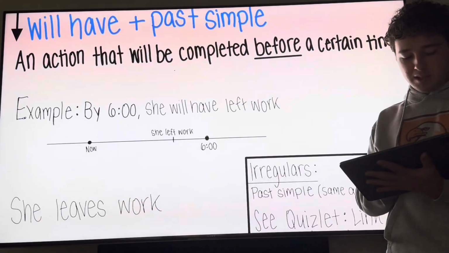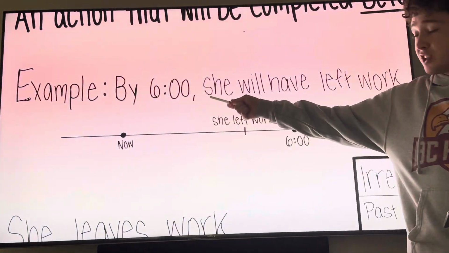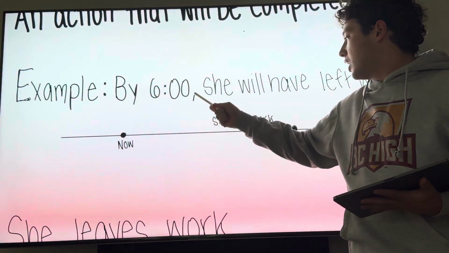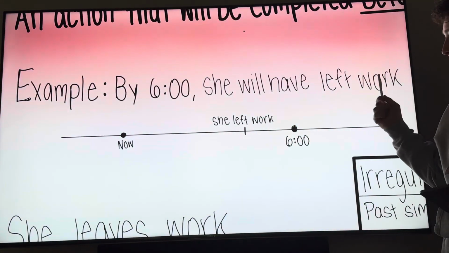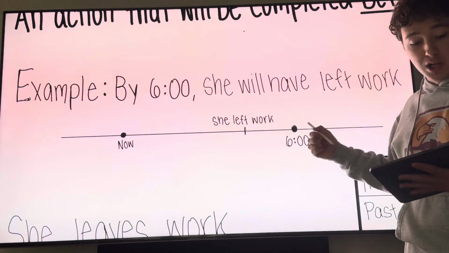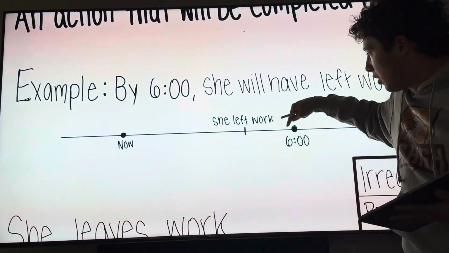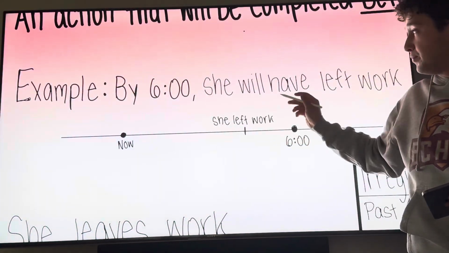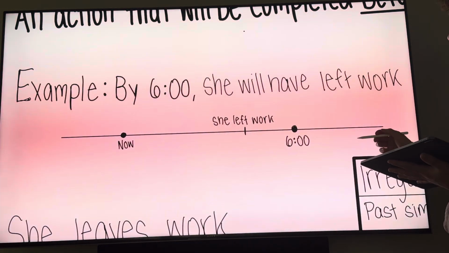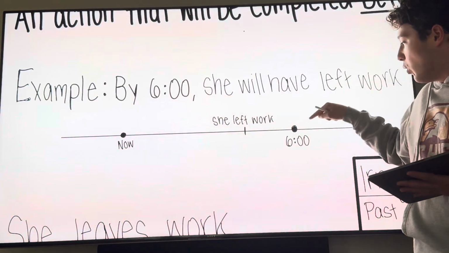So let's look at an example of this. Okay. This says, by 6 o'clock, she will have left work. Now, what this means is that before or up to, so either at 6 or before, she will leave work. So this action is completed before this period of time. The action of leaving work is completed before 6.